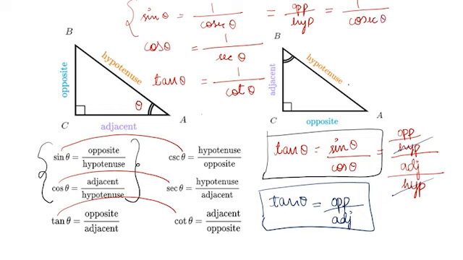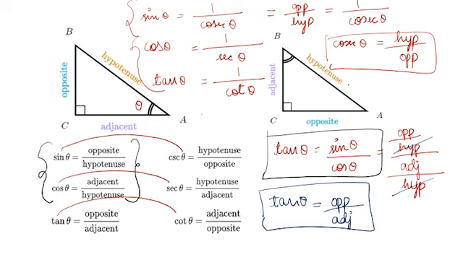So I'll just reverse it. Cosec theta is equal to hypotenuse by opposite. See, I got cosec theta. In the same way, just do it for cos theta and tan theta. You will get sec theta as hypotenuse by adjacent and cot theta as adjacent by opposite.